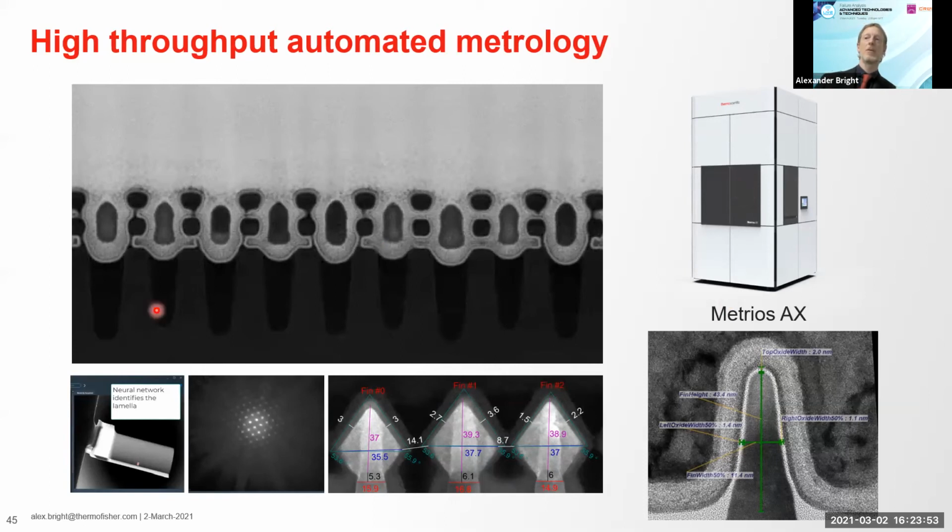We're able on this system to automatically find lamellas, even multiple lamellas, in an automated way, find the zone axis, find the feature and do automated measurements in a way that's much more repeatable than doing them manually by different users. So this is a system that's really focused on accurate measurement and metrology.